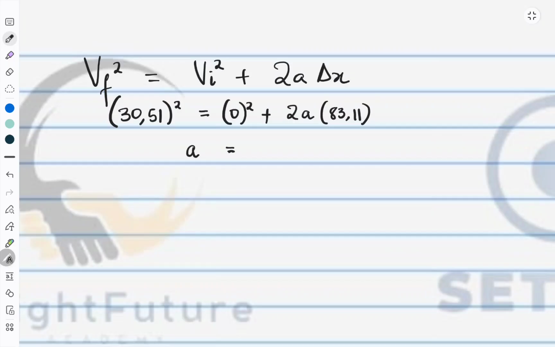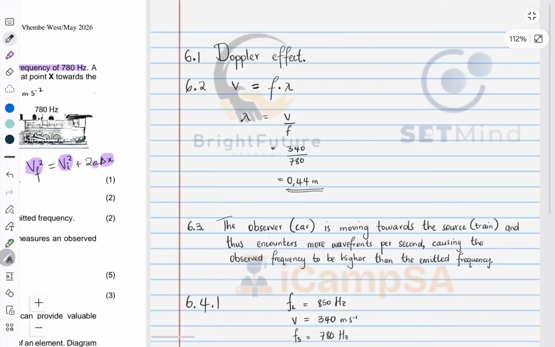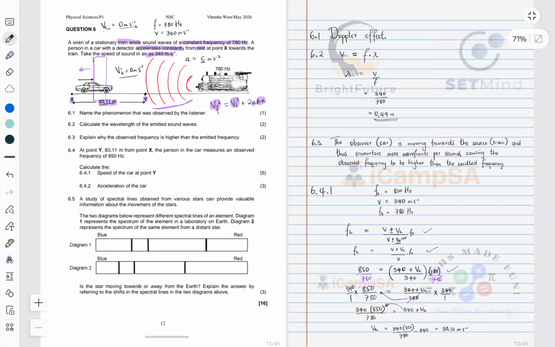Then you can solve for a. Just divide both sides by 83.11 times 2. So it's 30.51 squared, all of that divided by 2 times 83.11. So I get 5.60 meters per second squared. Okay, so that's our acceleration. It's 3 marks, and that's how you find it.